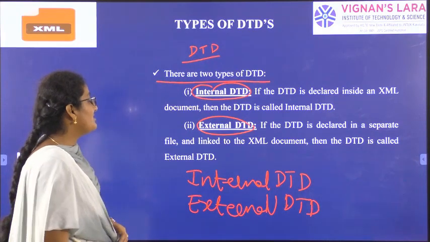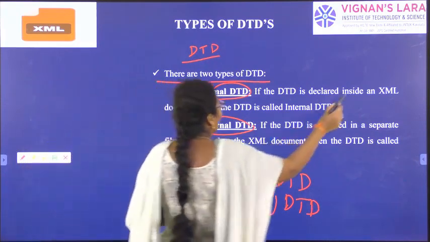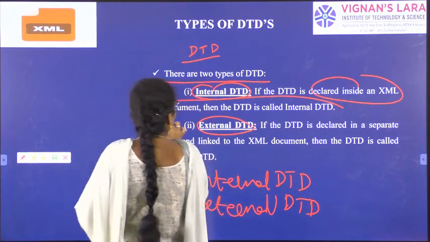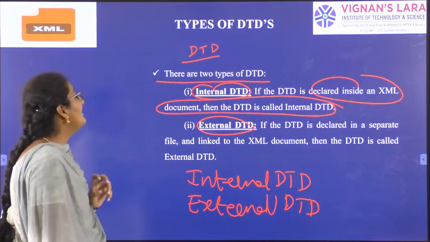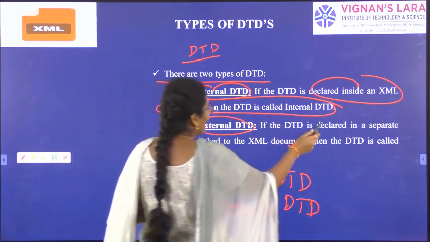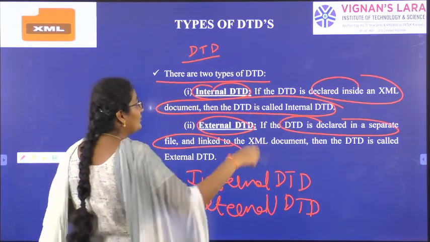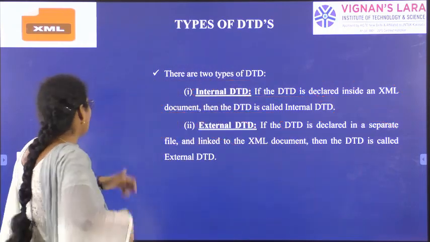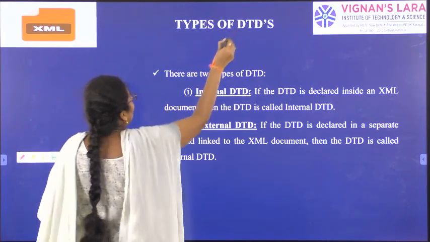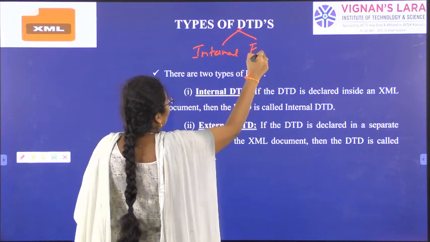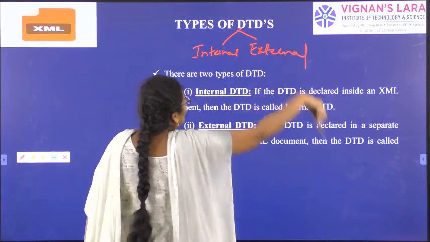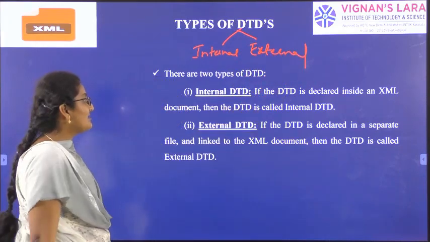If DTD is declared inside the XML document, it is internal DTD. If DTD is declared separately and linked to the XML document, it is external DTD. So DTDs are of 2 types, internal and external.